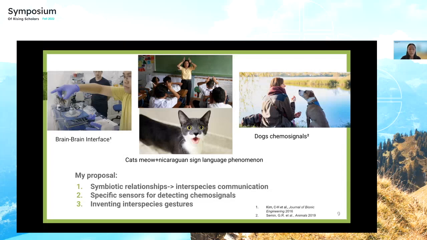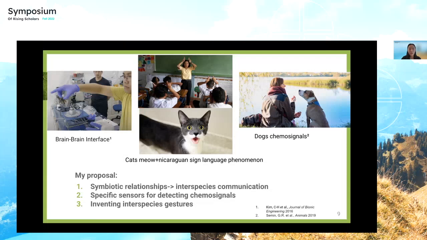sweat. My proposals for ways to facilitate interspecies communication include, first, establishing a symbiotic relationship, because that's where interspecies communication arises; then finding or establishing specific sensors for detecting chemosignals, which is one of the most ancient forms of communication that many animals have; and also inventing interspecies gestures, because even fish, which are thought to mostly have innate communication, can learn and perform tricks, which could be a way of communicating through gestures.